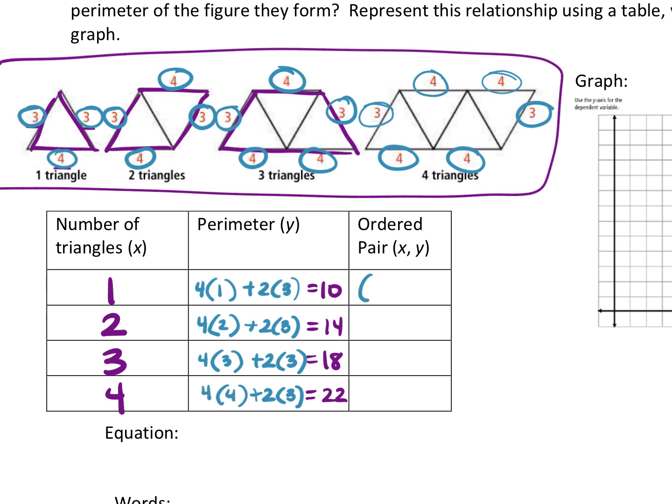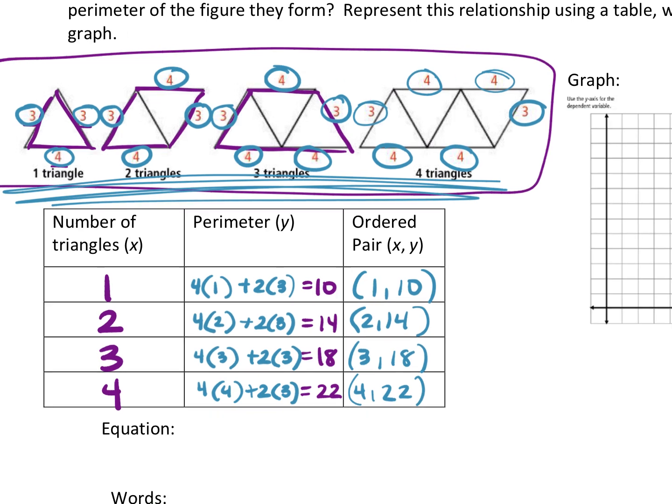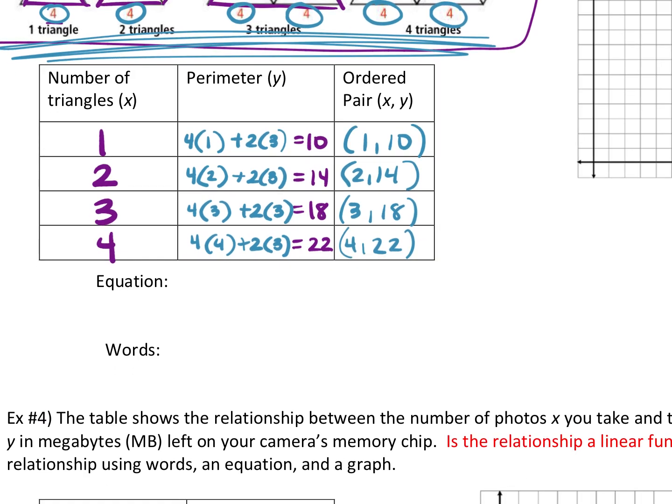So my ordered pairs are (1, 10), (2, 14), (3, 18), and (4, 22). Okay, if you are a visual person, this is huge. Just being able to see where these numbers are coming from to see what pattern is happening.